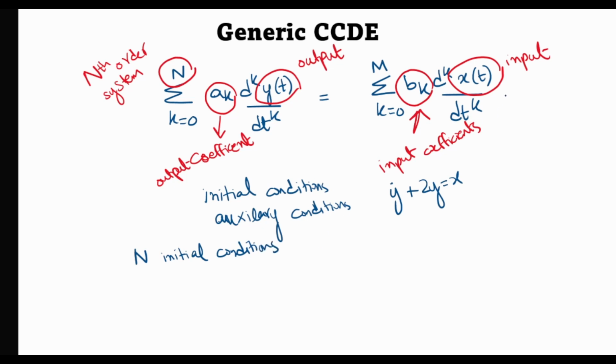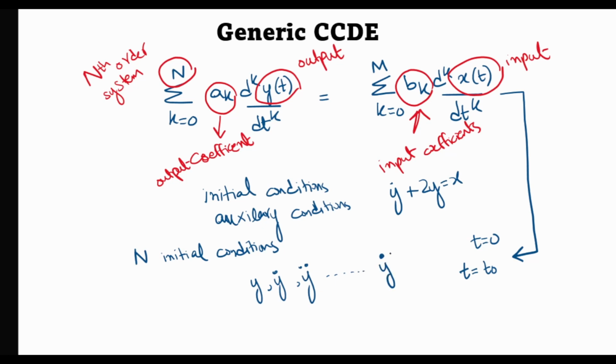So in order to solve this differential equation, we would require either an initial condition at t equal to 0, or it can be an auxiliary condition at t equal to t naught, since there is nothing sacred about t equal to 0, and we would require the values of y, y dot, y double dot, all the way to y dot power n minus 1.